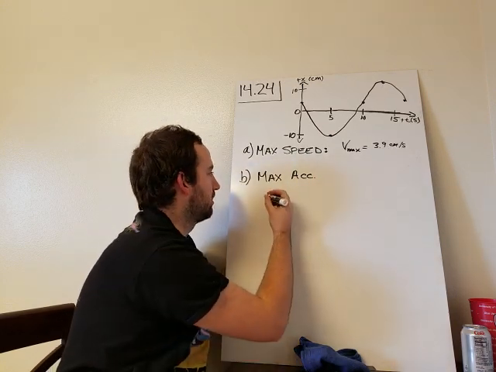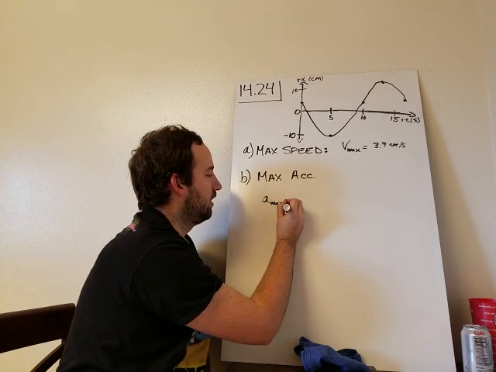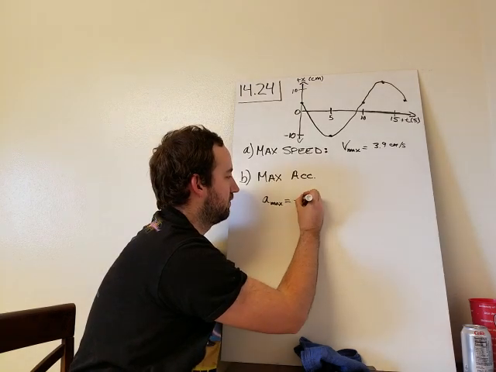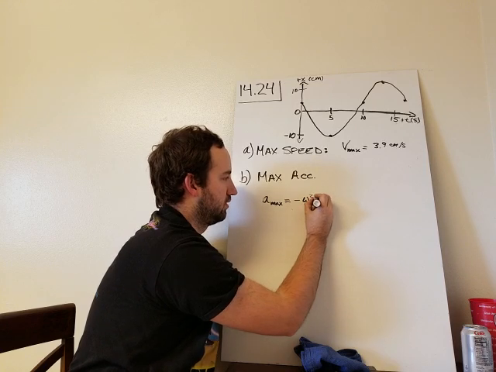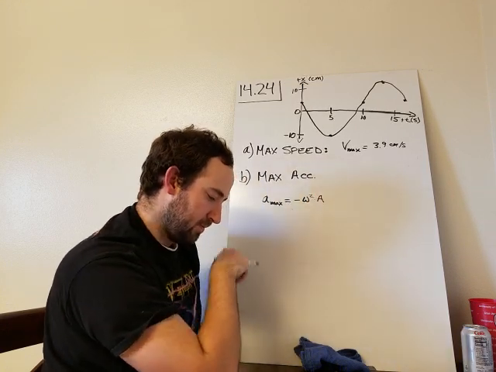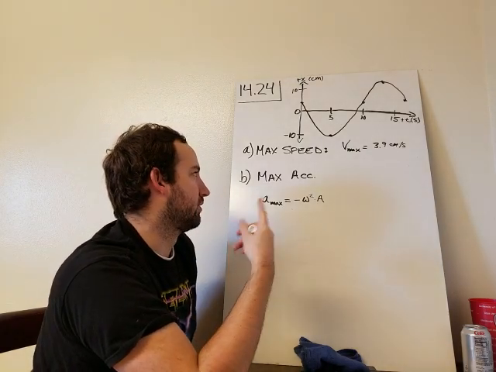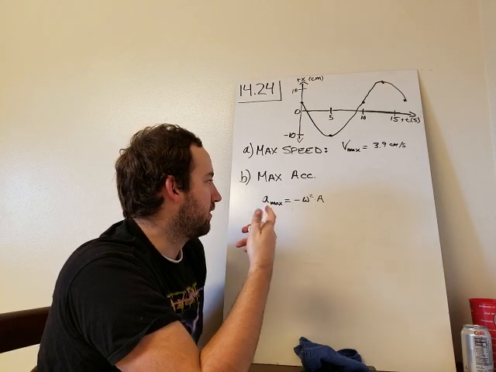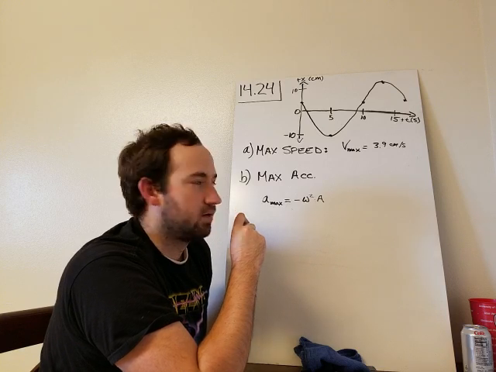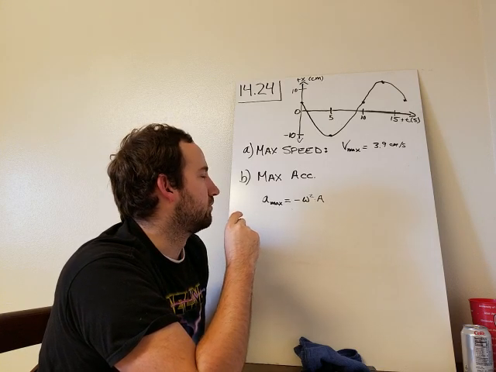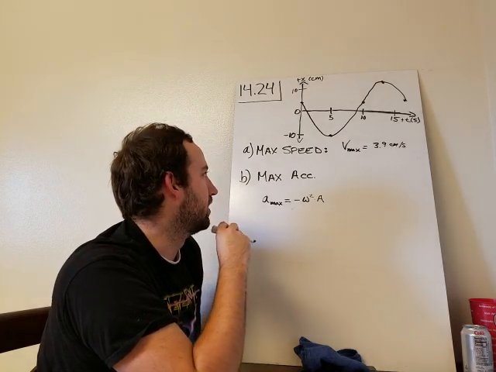We call it A max, and it's going to be equal to negative angular frequency squared times the amplitude. And we're able to find that through the derivative of the velocity function. Sorry, my brain went blank for a minute.